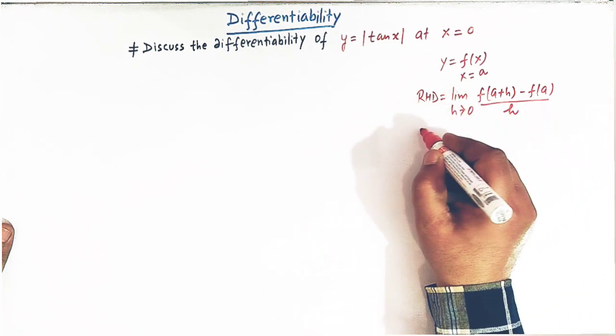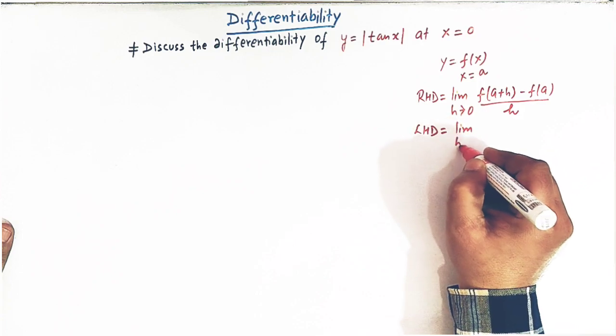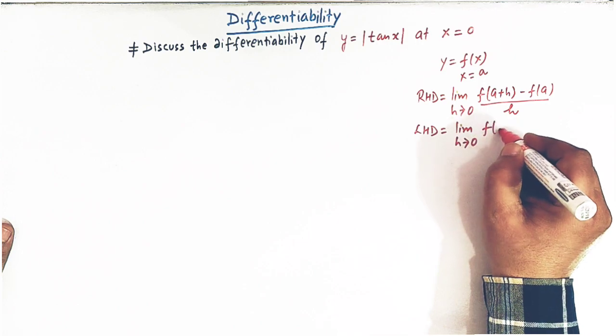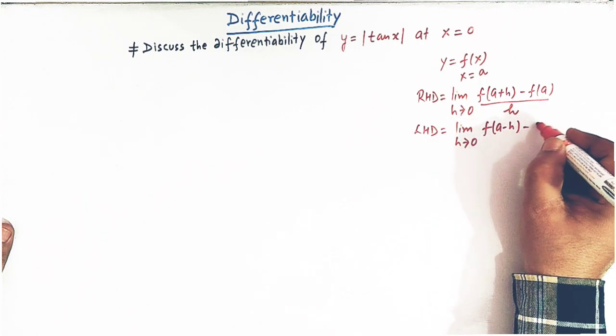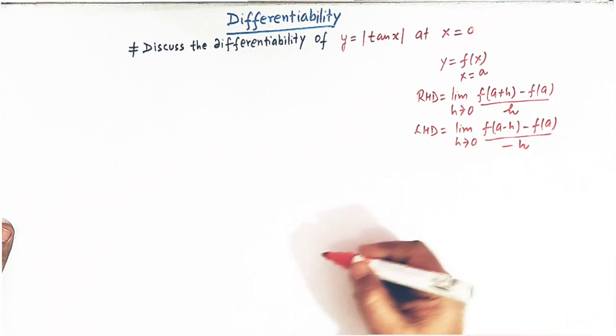And then we find the left hand derivative, given by the limit h tends to 0 of f of a minus h minus f of a divided by minus h.